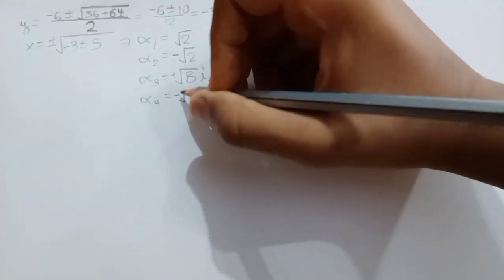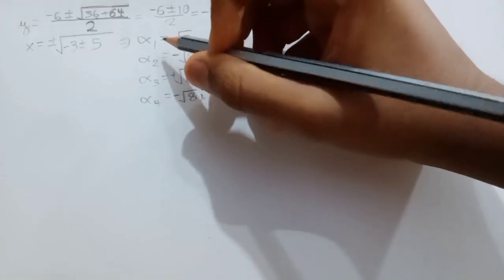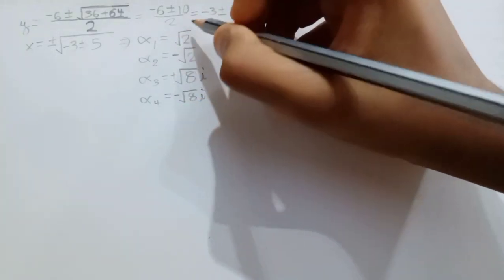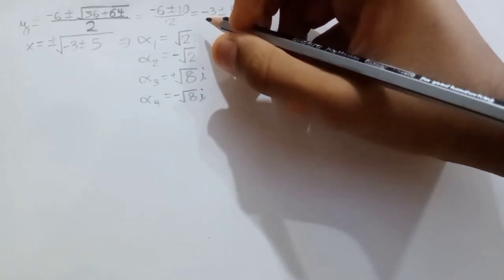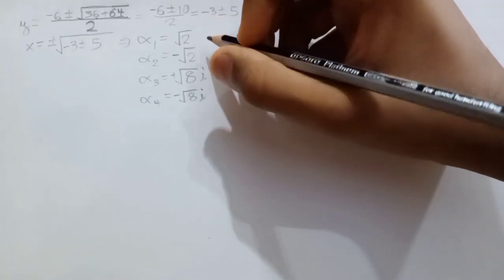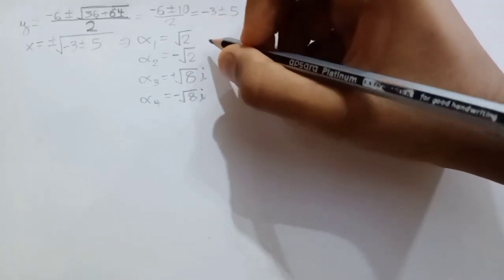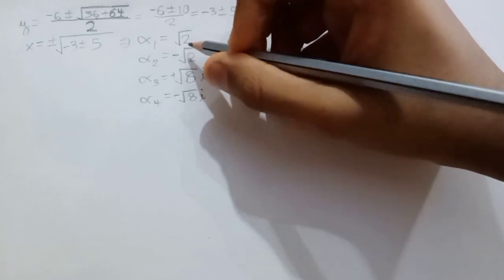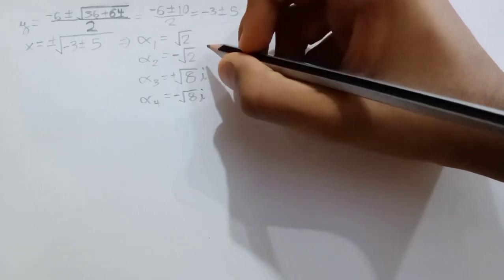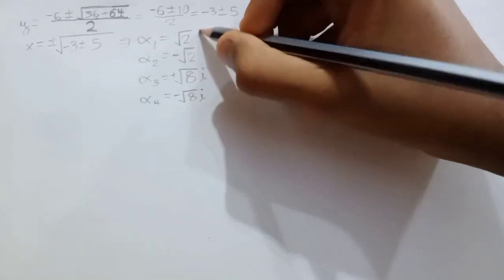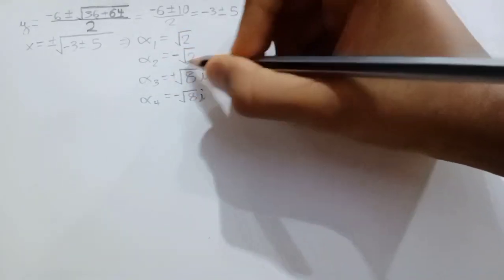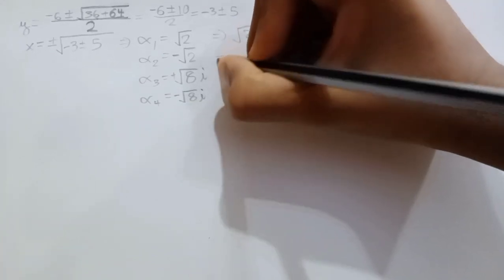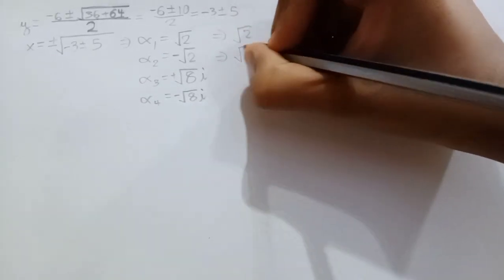So now what we want is the sum of the squares of their magnitudes or modulus. So since they're either pure real or pure imaginary and not complex, like they're not the sum of a real number and an imaginary number, you can directly take the modulus of these numbers. So here the modulus would be root 2. The modulus would be root 2 here as well.